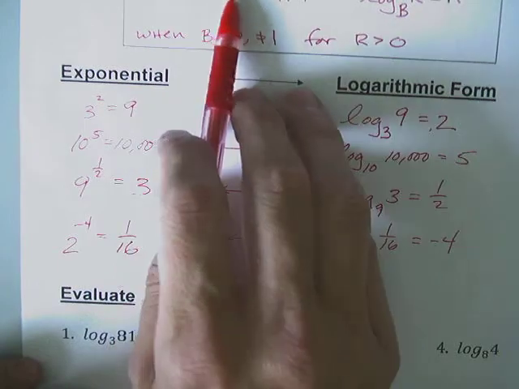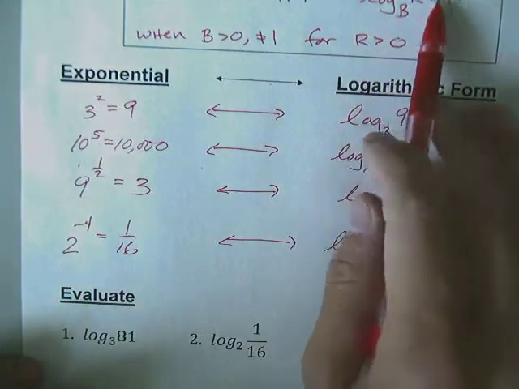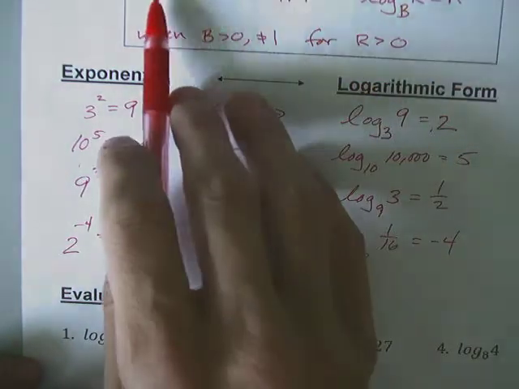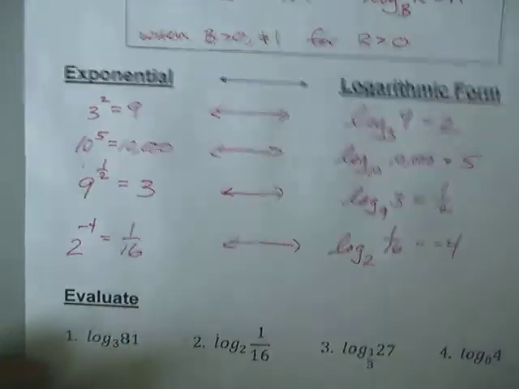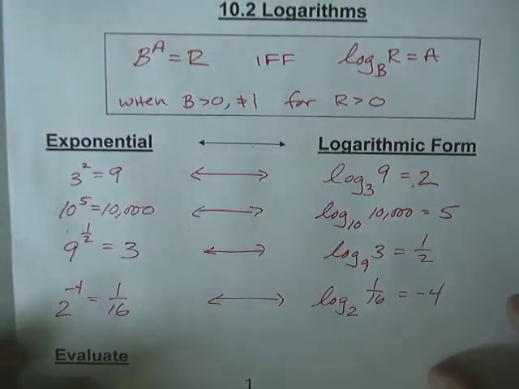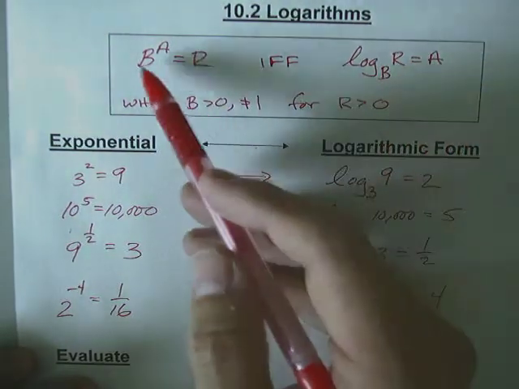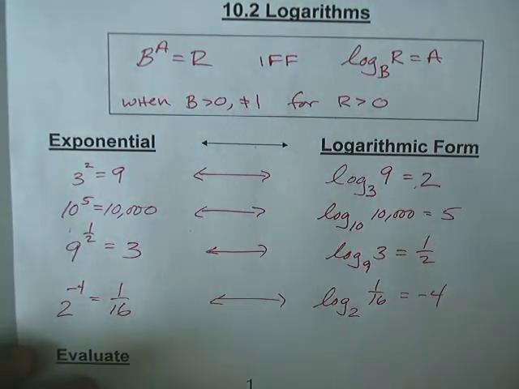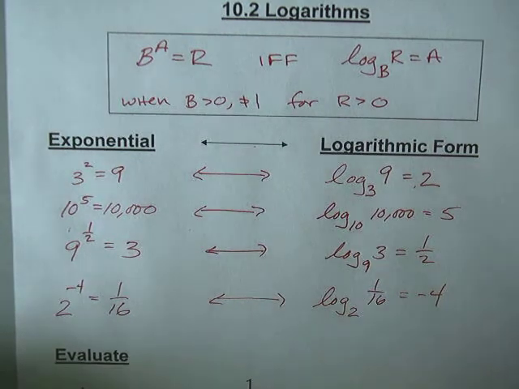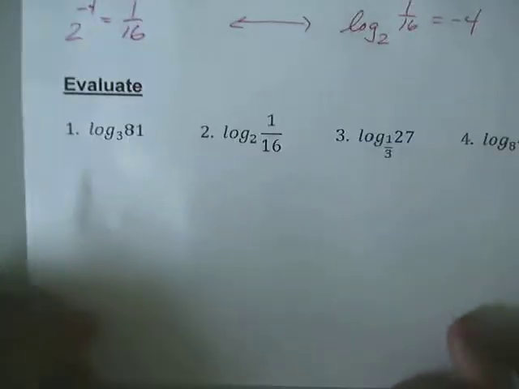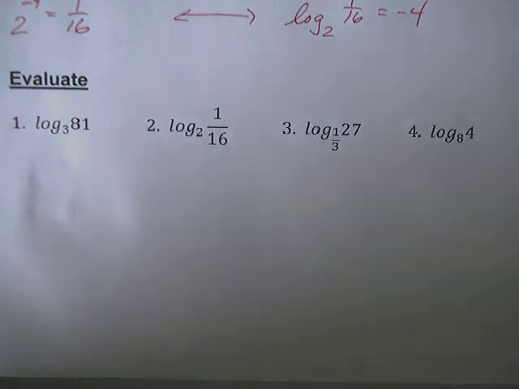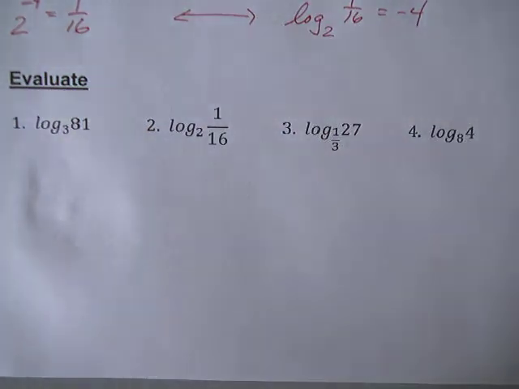In order to get them in the correct form, you just got to follow this little pattern here, that b to the a equals r equals log base b of r equals a. So you simply drop this down and switch those around. Sometimes people also just remember this, that bar equals bra. Bar equals bra. Okay, that is another way to kind of remember it.